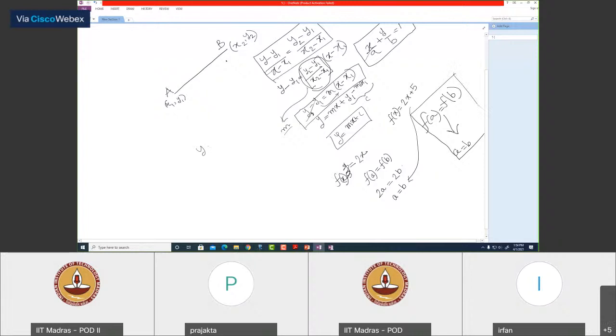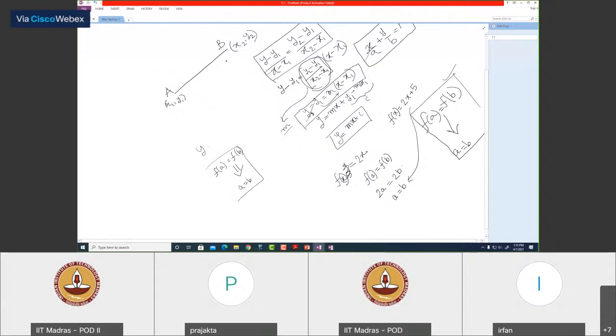You can check it on the internet, it is already there. By definition, for two variables a and b, if f of a equals f of b leads to a equals b, then it is injective.